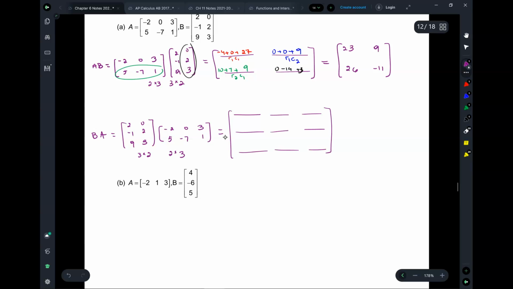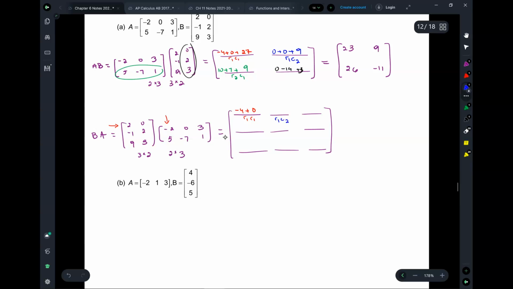Okay, so let's come up with a way that you can keep track without having to erase too much. So first one, we're going to do row 1, column 1. So that's row 1, column 1. Okay? So it's going to be negative 4, positive 0. Positive 0, plus 0. Okay?